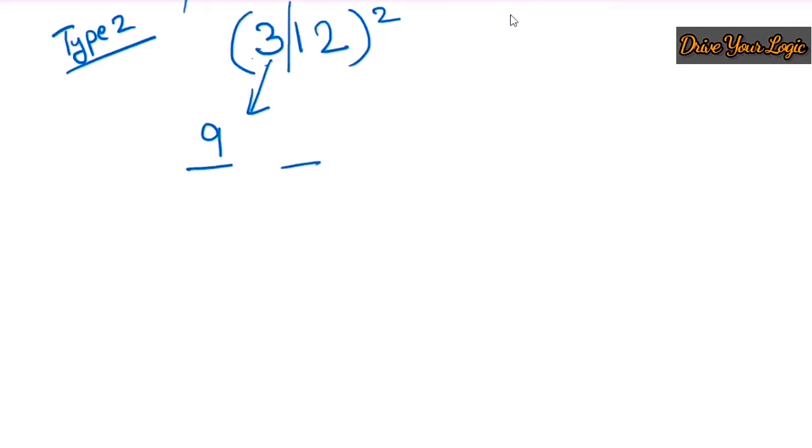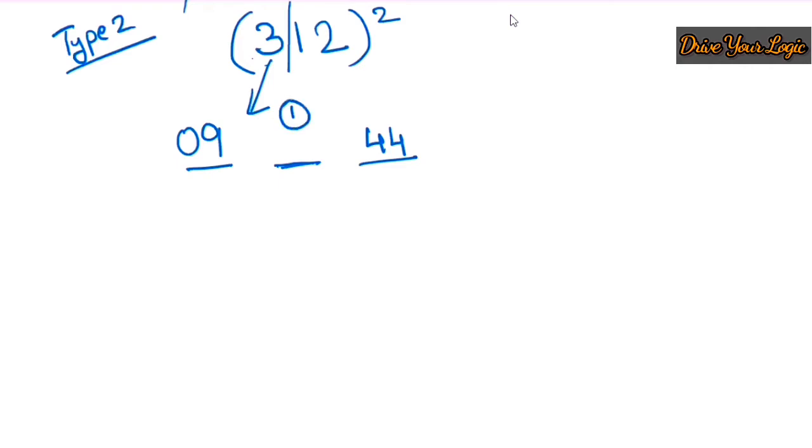Always put 2 digits. Then 12 square is 144. You can't write 144; you have to write 2 digits, so write 44 here and carry the 1.